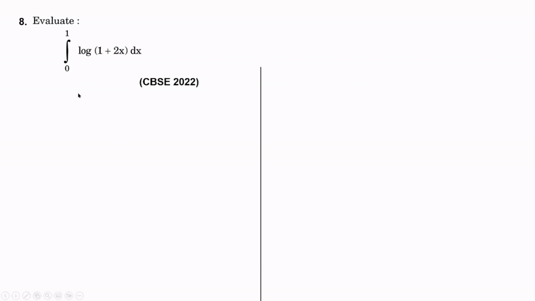Next question: integral 0 to 1 log of 1 plus 2x dx. Let I equal to integral 0 to 1 log of 1 plus 2x dx. Let us make the substitution so that it will be easy. Put t equal to 1 plus 2x.